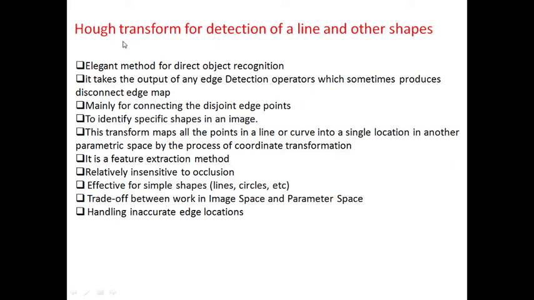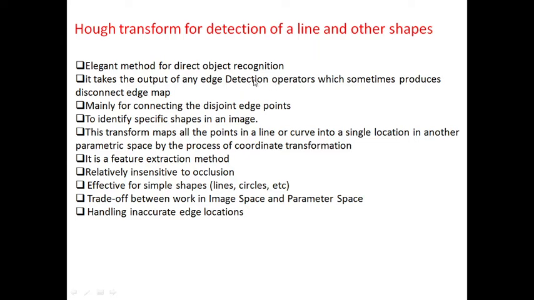So this Hough transformation plays a crucial role in finding whatever input object is present or hidden inside the image. It takes the output of any edge detection operator, which may be a gradient based edge detector or a Gaussian based edge detection operator.